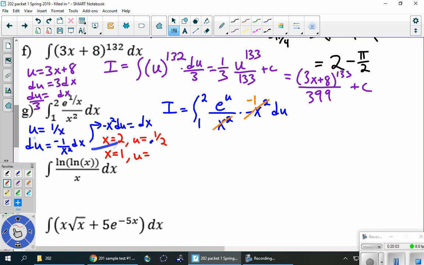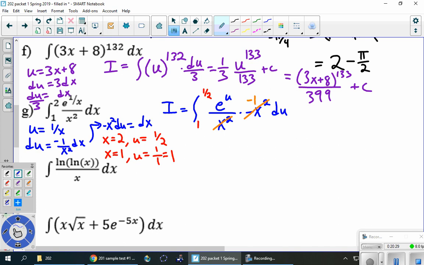And when x is 1, u is 1 over 1, or simply 1. So I think that means we need to erase the top guy. It's not 2, it's actually a half. I'll erase the bottom guy. It's kind of silly to erase the bottom guy because the bottom guy is actually still 1, but that's just sort of a coincidence in this problem.